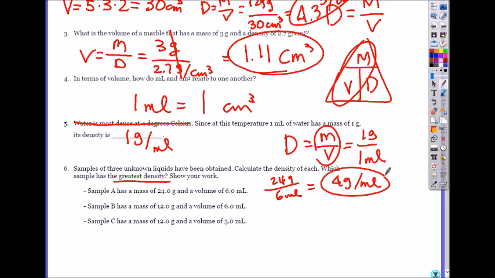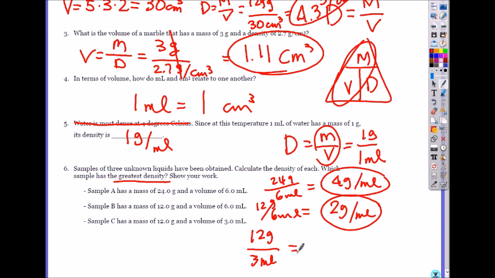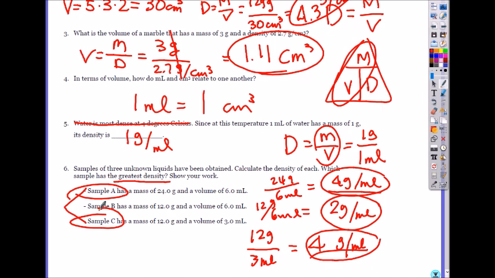It has a mass of 12 and 6 milliliters. It becomes 2 grams per milliliter. And the last one is 12 grams per 3 milliliters. So you get 4 grams per milliliter. Which one has the greatest density? These two, 4 and 4. Samples A and C have the same density at 4, and that is the most density.